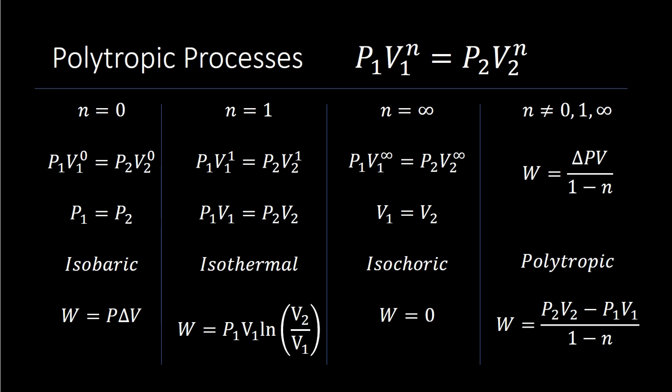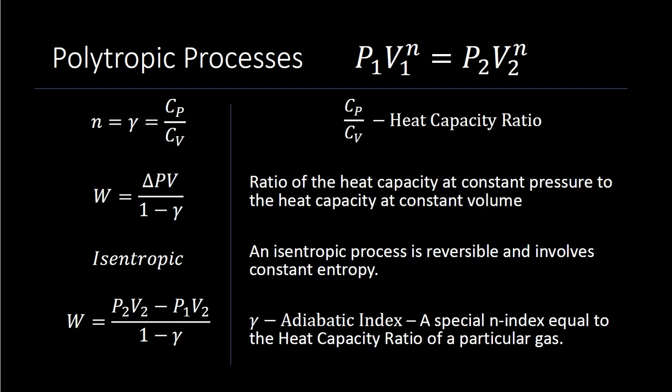Now, there is a special type of general polytrope that is an isentropic process. Really, the only difference is in our work equation, instead of writing 1 minus n, we'll use 1 minus gamma. Gamma is the adiabatic index, and it's a unique value.